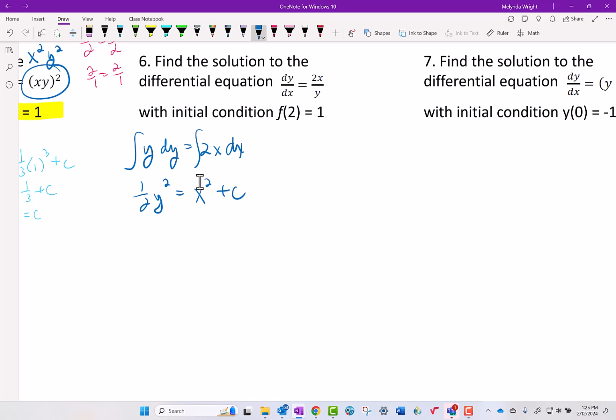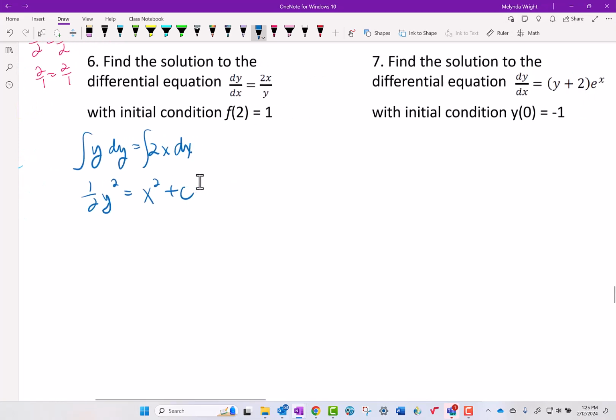I have a c. I stop right now and I find c. I'm going to put it out to the side. So let's see. I've got 1/2 times 1 squared equals 2 squared plus c. So what is that? 1/2 equals 4 plus c. So c is, what would that be? -4 plus 1/2 would be -7/2.